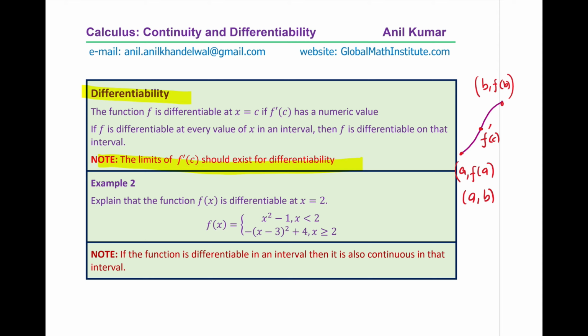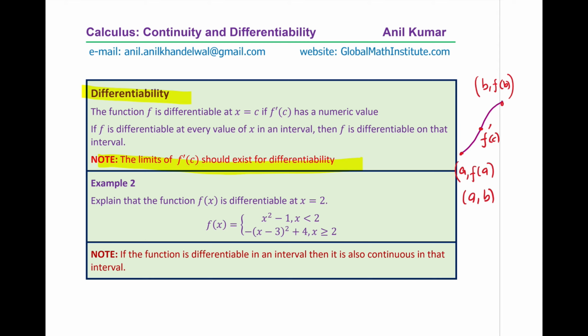Let's find the derivative of this function. So the derivative of this function is 2x, right? And here we get what? We get minus 2 times x minus 3, right? So 2x when x is less than 2, and it is minus 2 times x minus 3 for x greater than or equal to 2.